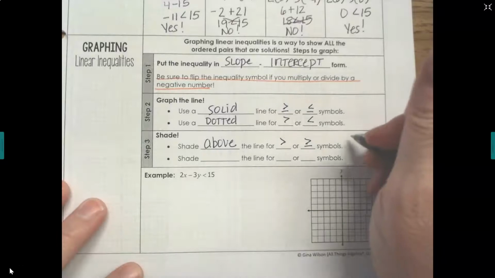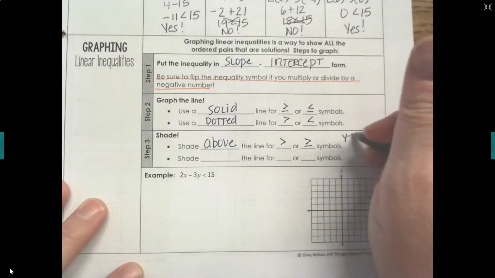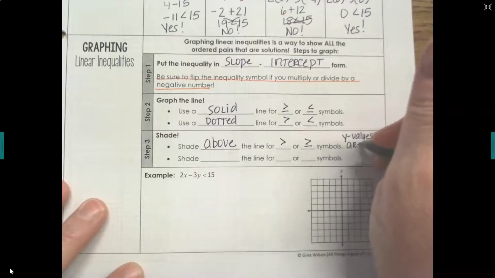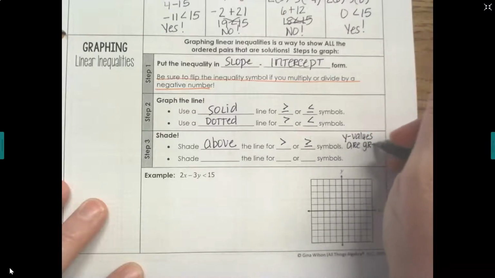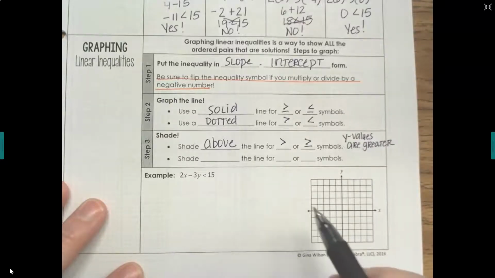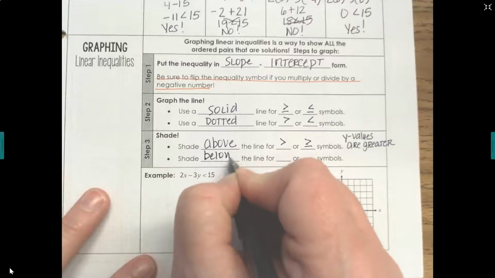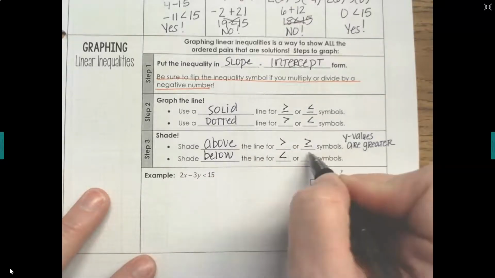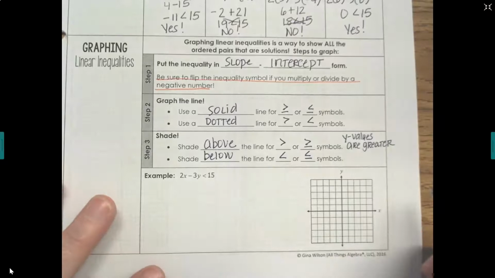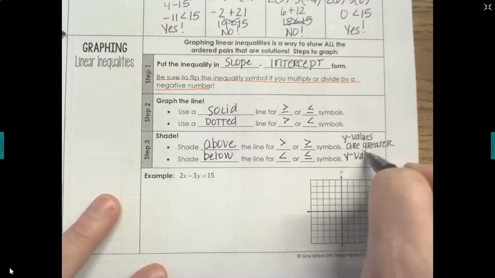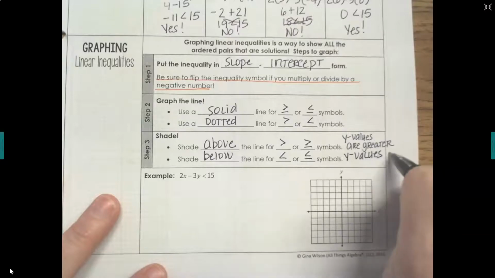What that means is where the y values are greater. Then you're going to shade below the line if you have a less than or a less than or equal to symbol. That's where the y values are smaller or lesser.